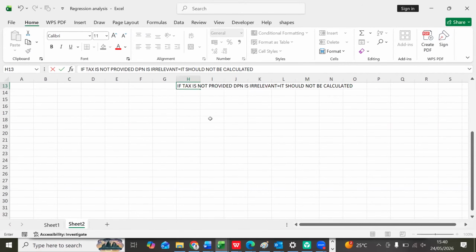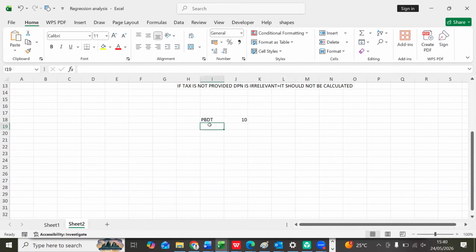Don't write this down. I just want us to look at various scenarios where we have PBDT of, say, 10. Then they have given us here depreciation of 3. Then in this case here we have tax is 0%.